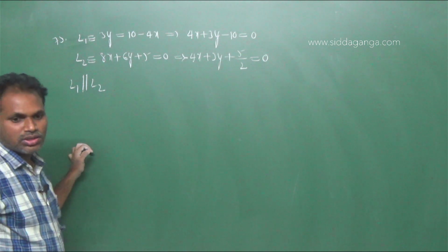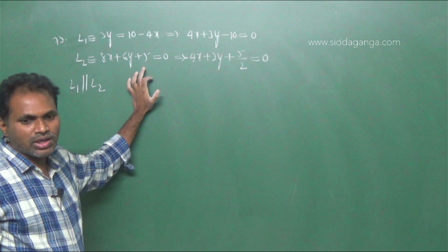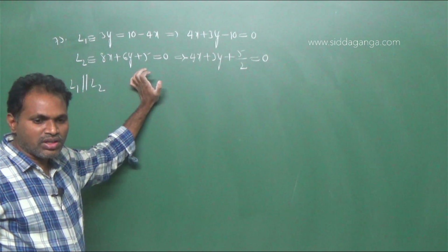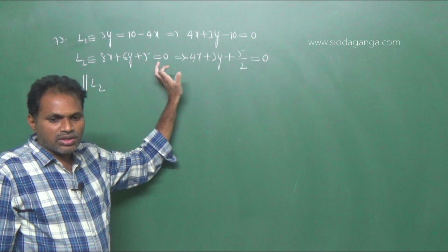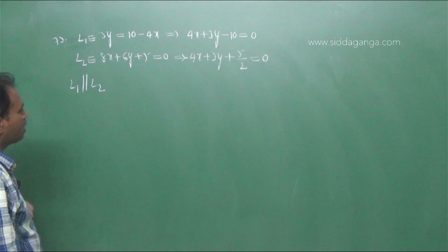Now, a straight line through the origin meets the lines at points A and B respectively. Then the origin divides the segment AB in the ratio they are asking.